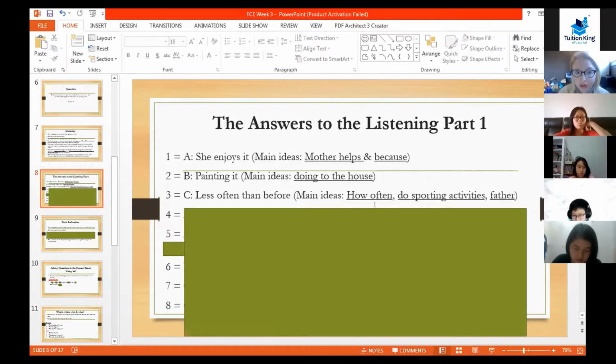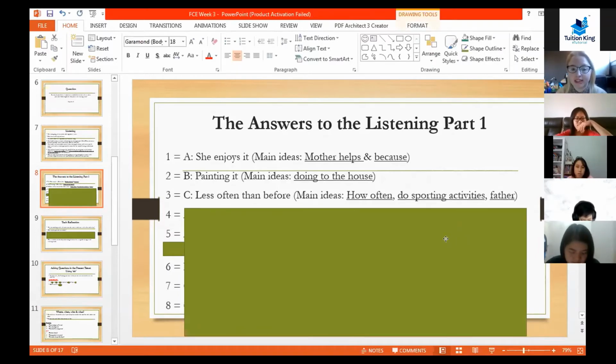So this tells you that in the listening, you're looking for some sort of adverb or adverbial phrase of time, of how often you do something, what is done, and with whom. These are all your clues or cues to help direct you towards the correct answer.